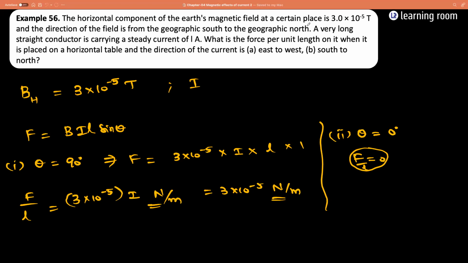Read the question. So in this case, what is theta? Theta is the angle between the magnetic field and the direction of current. Current is from east to west. Magnetic field is from south to north. So what is the angle? Theta is 90, no? Okay, sir. Got it? And then for south to north, it will be 0, right? Yes. Okay, sir.